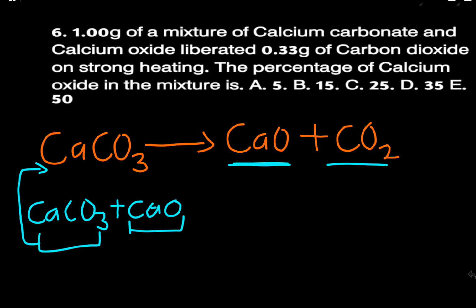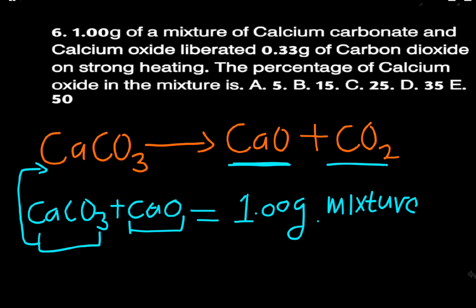1 gram of a mixture of calcium carbonate and calcium oxide. So the both of them here is 1 gram. The mixture liberated 0.33 grams of carbon 4 oxide.